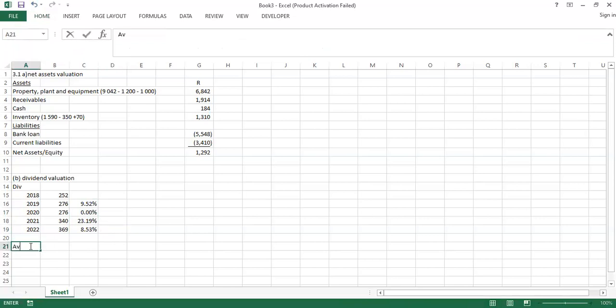Therefore, your average growth rate, so let's just say average G is going to be equal to, so you want to add all of these and divide by the number of items. So it's going to be 9.52 plus 0.00 plus 23.19 plus 8.53. So what is this going to give us? The average growth rate within that period, right? Which is a period of how many years you're dealing with? 1, 2, 3, 4.